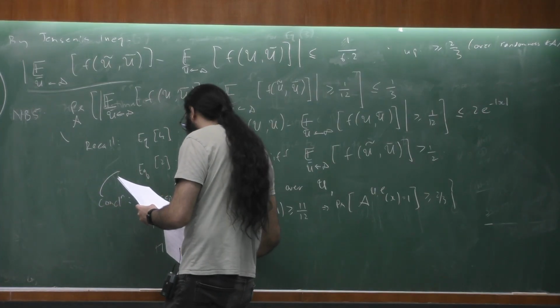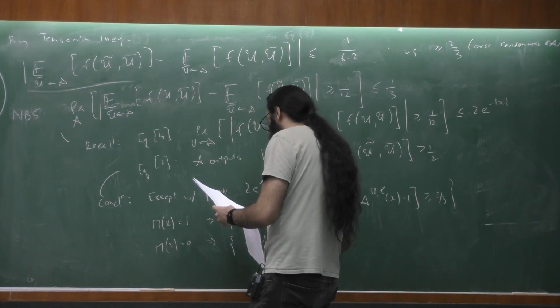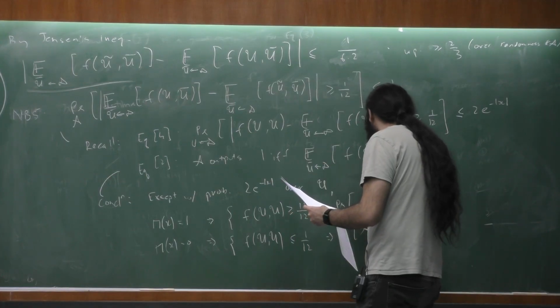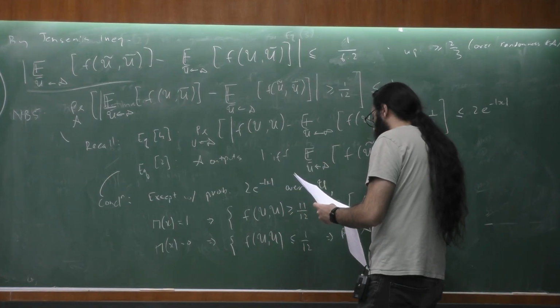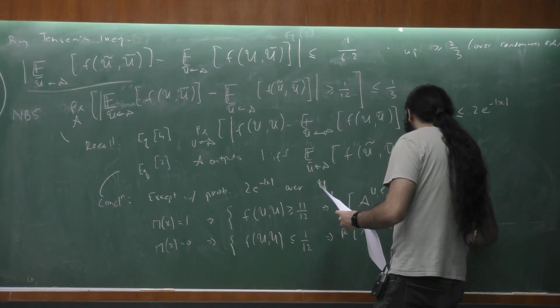So this implies f(u, u) is at most 1 by 12, which implies the probability that A_u(C, x) is 0 is also 2/3.